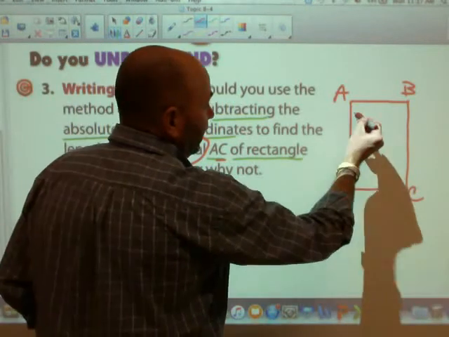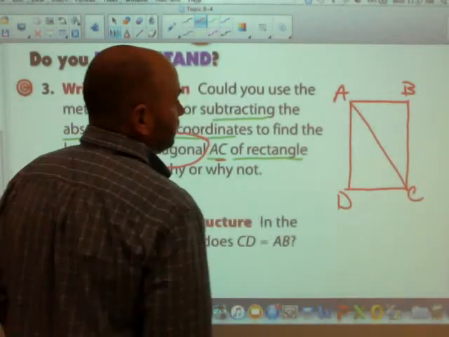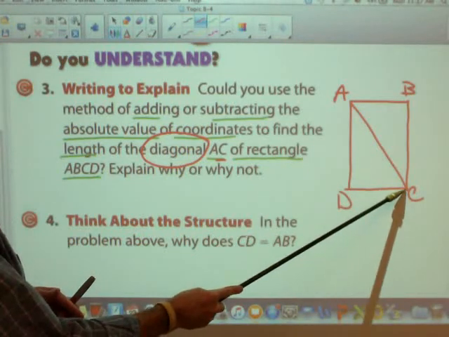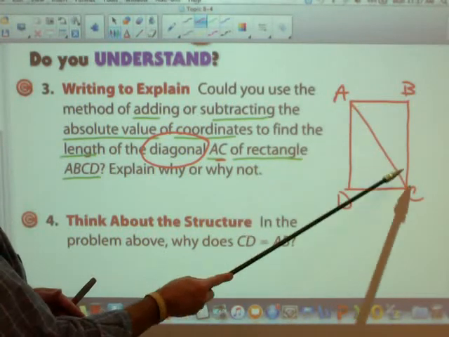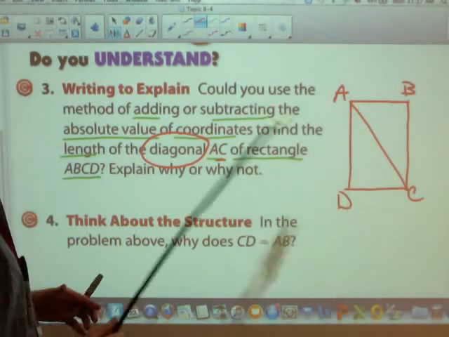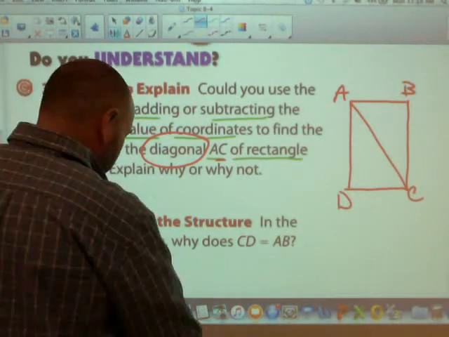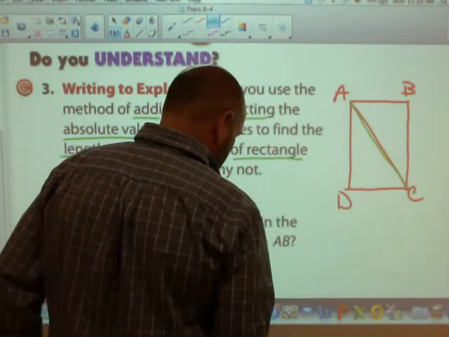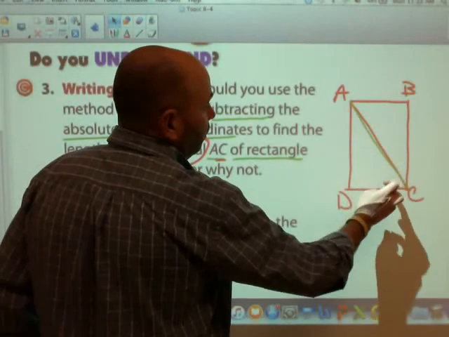So the diagonal AC would be from there to there. And in this case, the answer is no. You could not use the absolute values to find that. And the reason being is because this distance is going to be longer if you look at it.